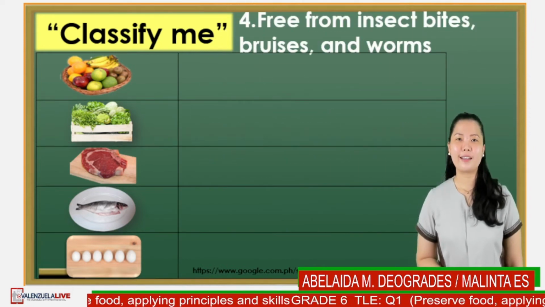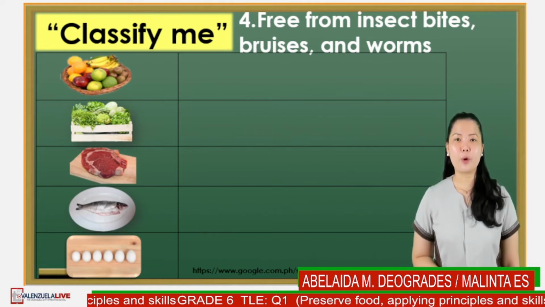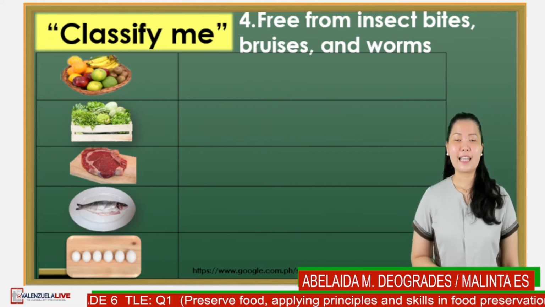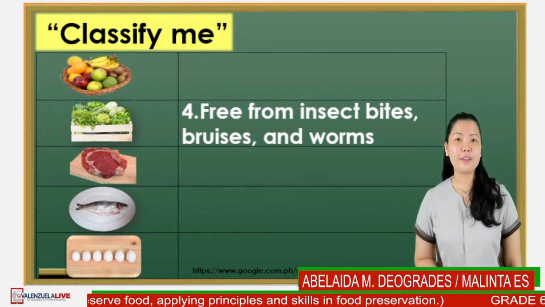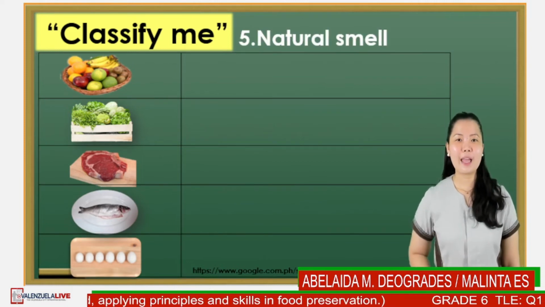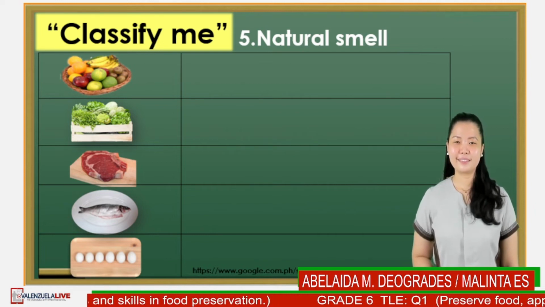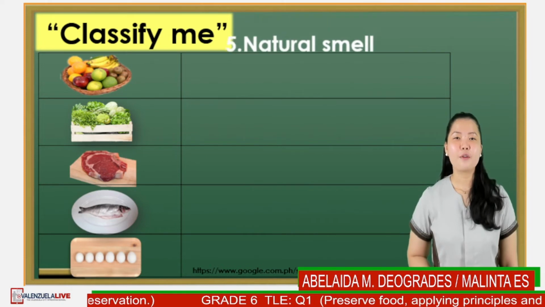Number 4, free from insect bites, bruises, and worms. The answer is vegetables. And number 5, natural smell. Of course, the answer is fruits.